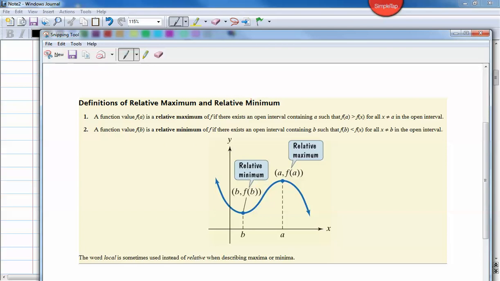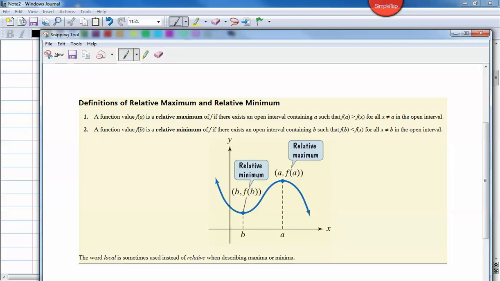There's actually several sections in calculus that's just devoted to this, relative minimum and relative maximum. And what a relative minimum is, it is a high point of the graph. I'm sorry, a relative minimum is a low point of the graph. A relative maximum is a high point of the graph.